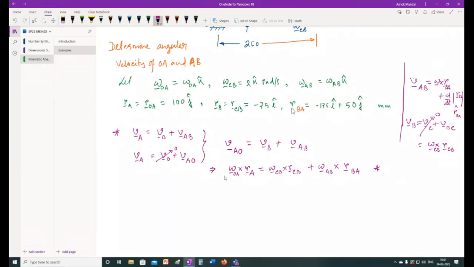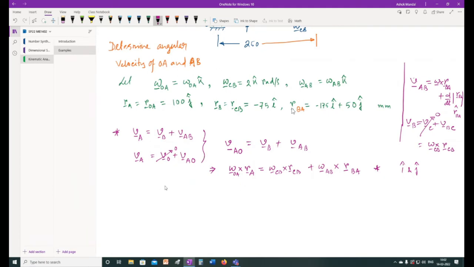Any vector equation is actually equivalent to two algebraic equations, because if it is planar, then you will have an I component and a J component. Since these two directions are perpendicular to each other, you can separate the coefficients of I and J, and then you have two algebraic equations. You have done this earlier for vectors.